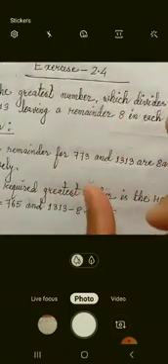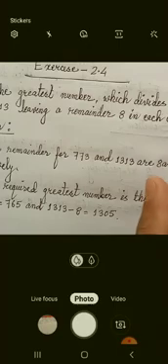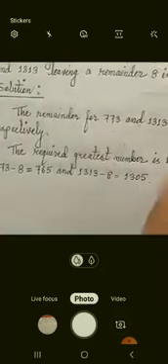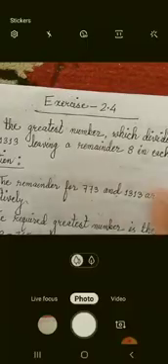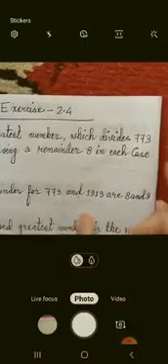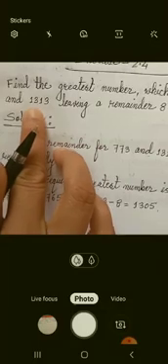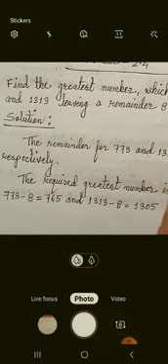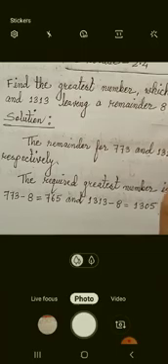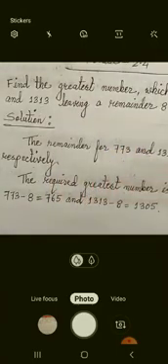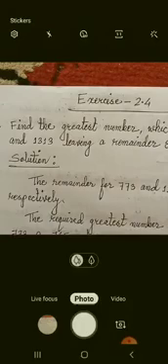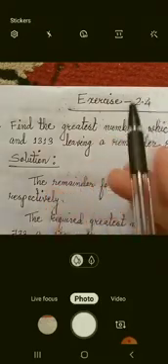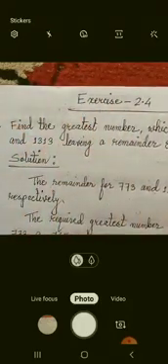If you get these types of questions, don't forget the remainder. The first step is that we must subtract the remainder from the number. Two numbers are given, 773 and 1313, and since there is a remainder in each case, we have to subtract 8 from both numbers to find the greatest number.